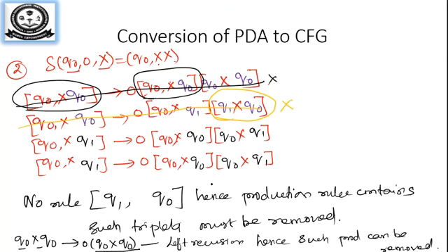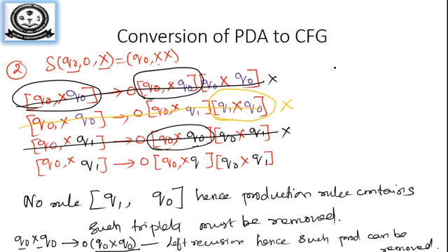Similarly, you can't have a production similar to that fashion. Here it is Q0 Q0 Q0. So no production can have a production to itself. It's a self recursion, so we'll remove this also.